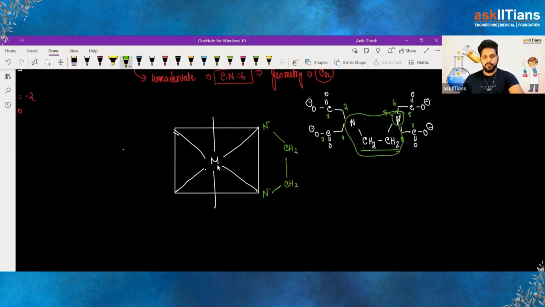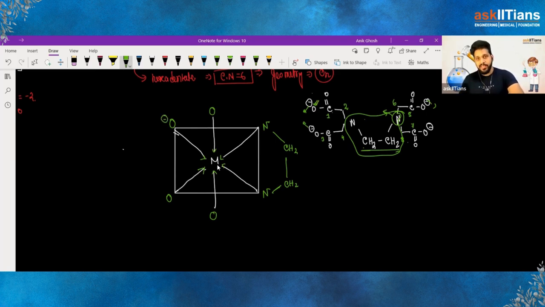Tetraacetate. Now, in acetate, oxygens are the donor atoms. 4 oxygens are donor atoms. So all the corners you have oxygens because they are the donations. Now, these are the donations. They're all donating. O minuses. Now, guys, let's start with this. Let's say this is the oxygen over here. This one.